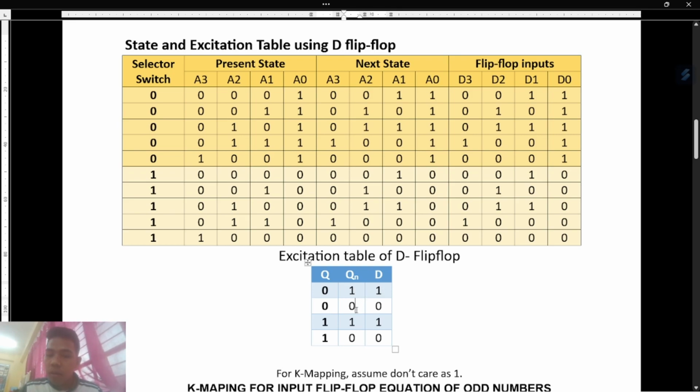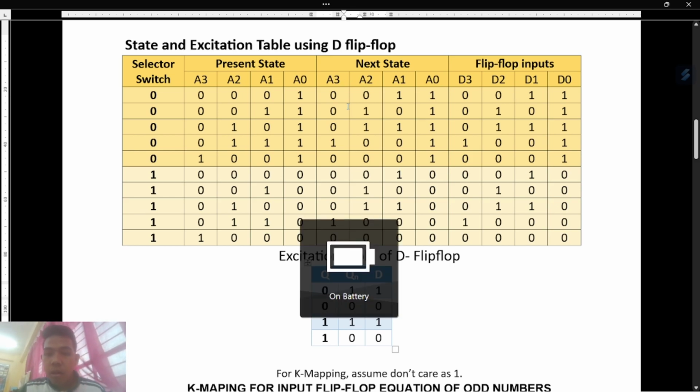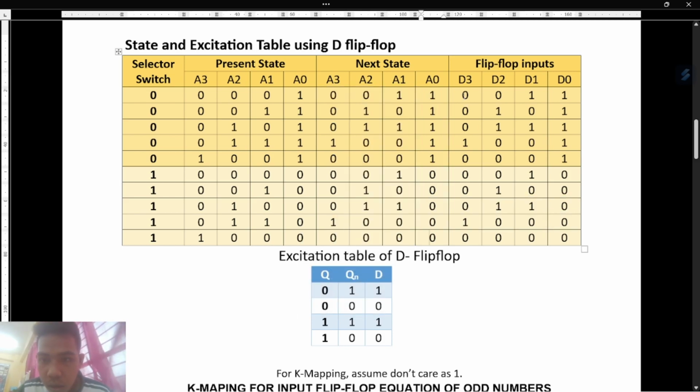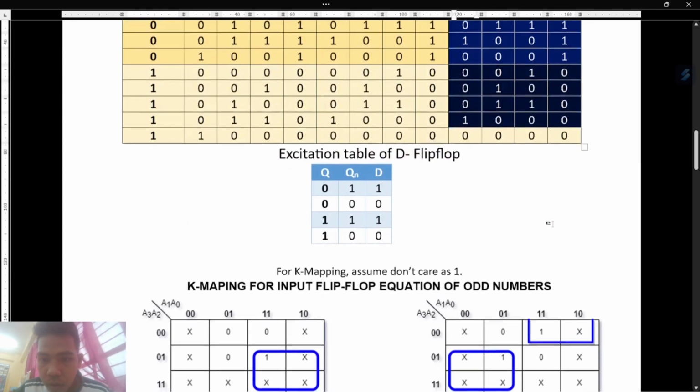When the next state is 0, the D is 0. So the D flip-flop inputs are the same as the next state. So we can just copy the next state to the flip-flop inputs.